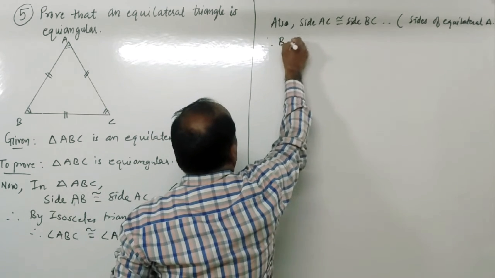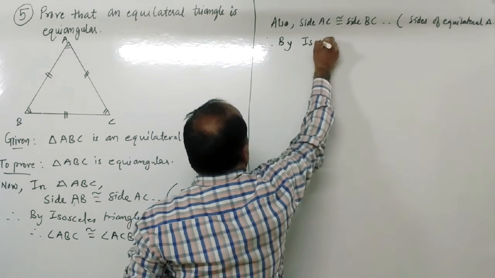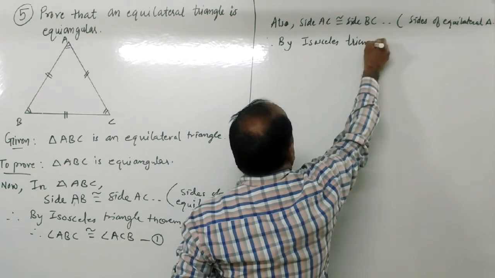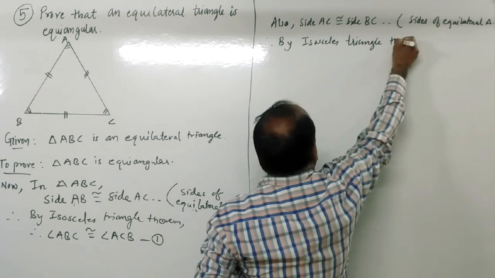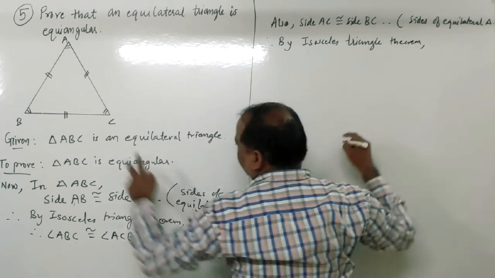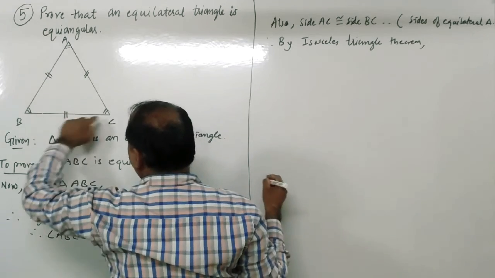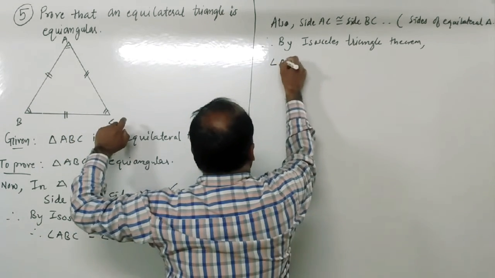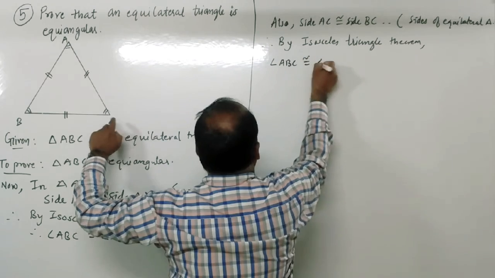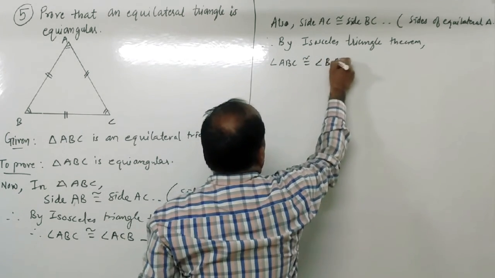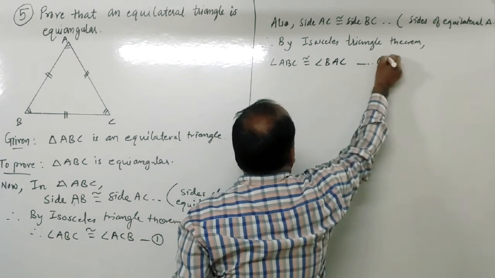Therefore, by the isosceles triangle theorem, when two sides of the triangle are congruent, then this angle ABC is congruent to angle BAC. Angle BAC is number 2.